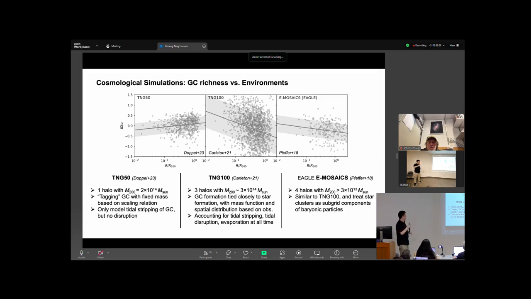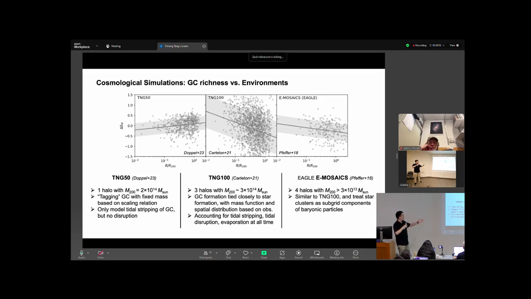For TNG100, the halos are a little more massive than TNG50, so it's closer to Perseus, and the GC modeling is more standard. You have all kinds of mechanisms there. For E-MOSAICS, the halos are much less massive, but that's the best we can do.